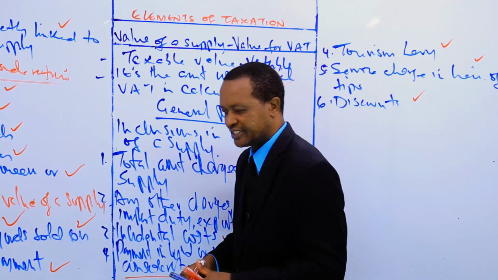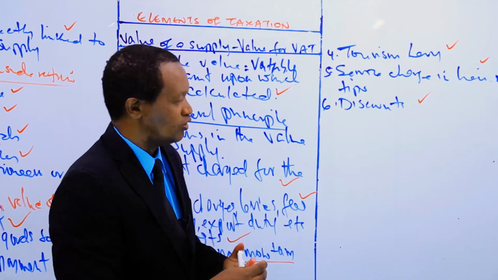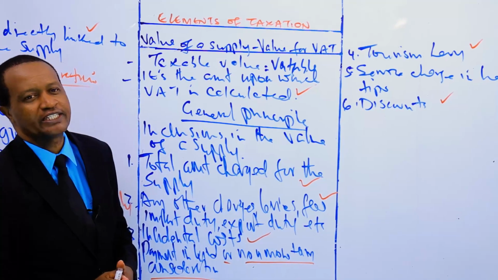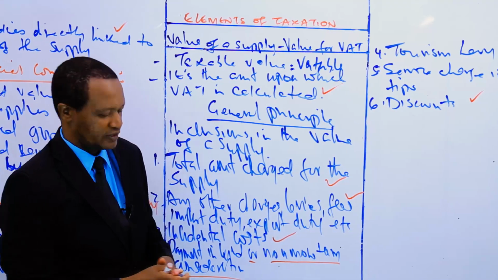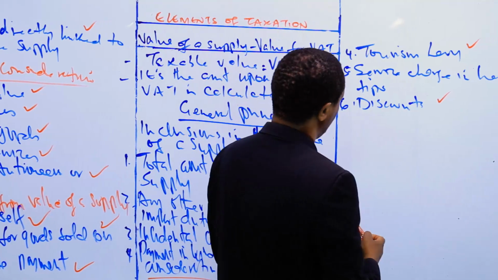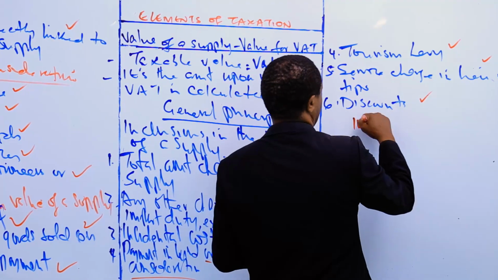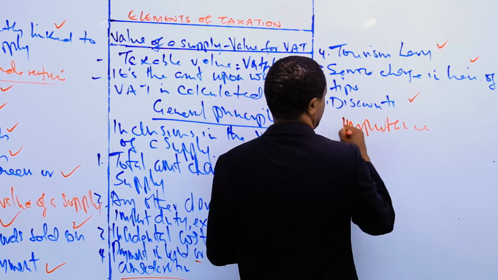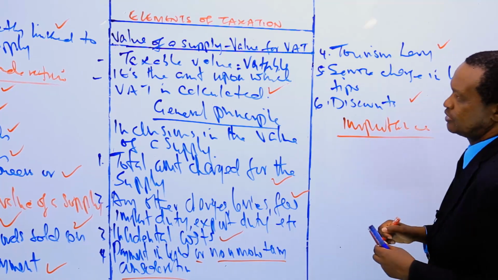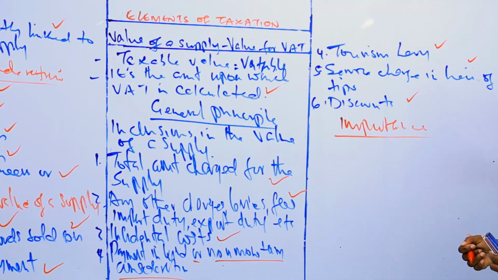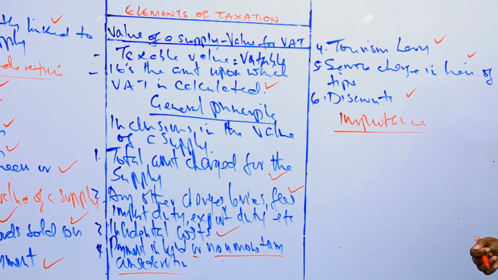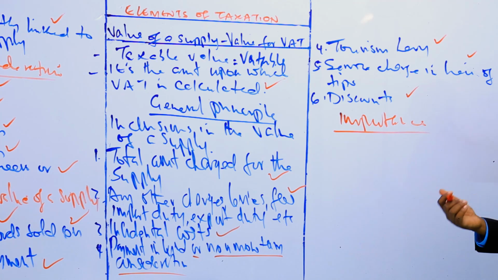Now, if you are to be asked, what is the importance of determining the correct value of a supply, what would you answer? Let's answer that question before we close. What is the importance? Why is it important to determine the accurate value of a VATable value? The first one is so as to calculate accurately the output tax.